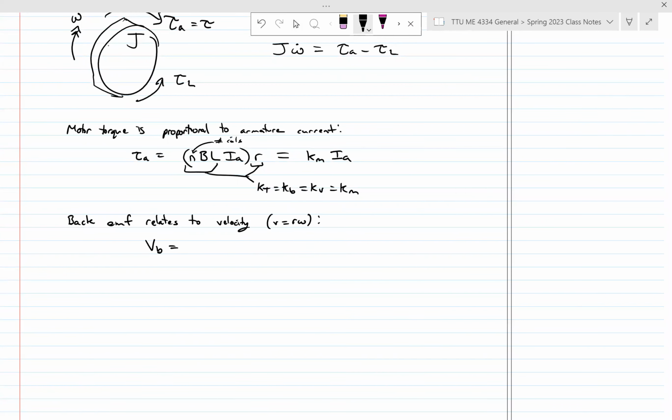We can go through everything, but VB is N B L times velocity, or we can simplify it down to Km times omega. Right? It is the same exact motor constant that we had for torque. The same exact constant determines how much back EMF we have and how much torque we have. That is our constant that relates to the transfer between electrical and mechanical energy. Question?